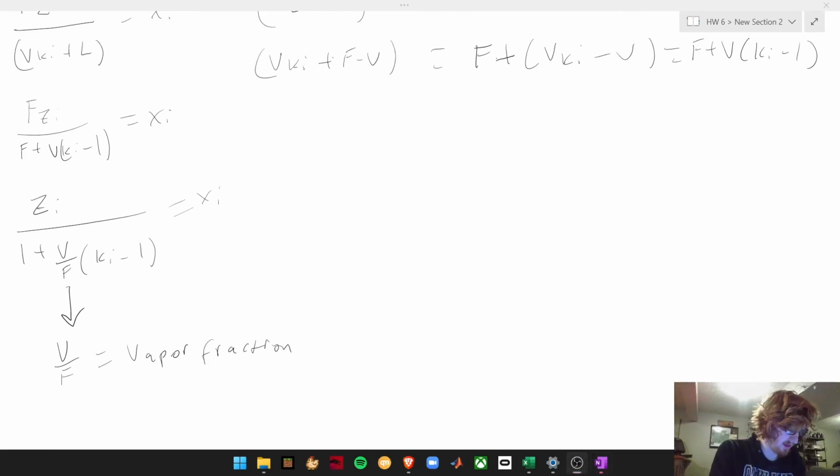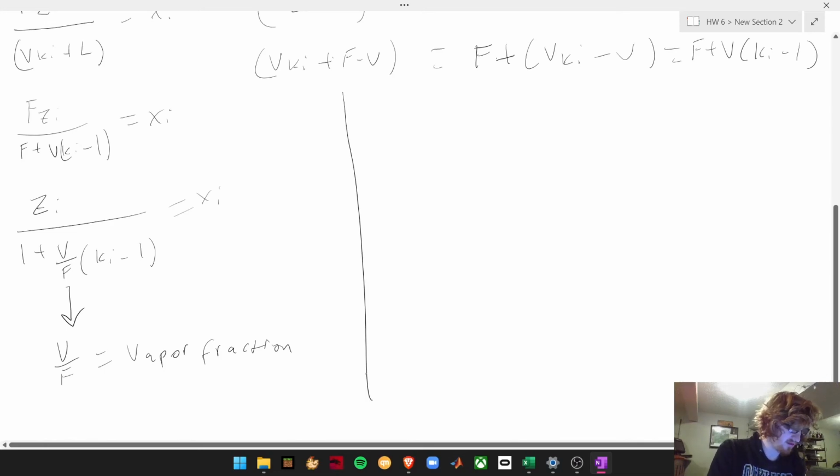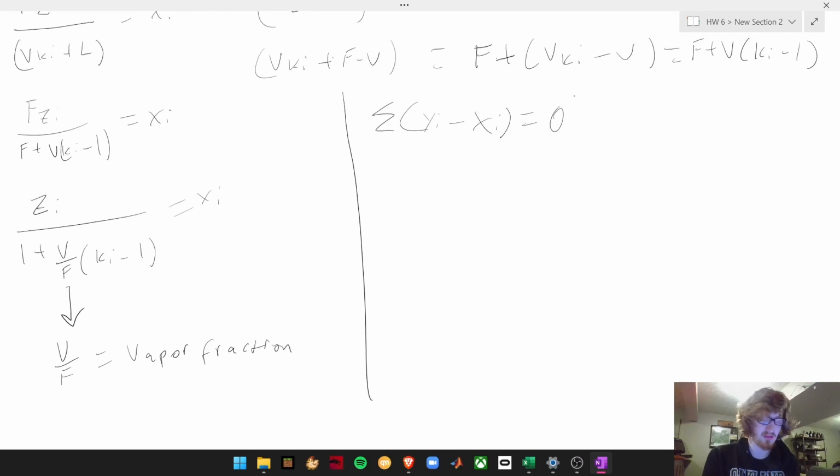So to actually derive the Rachford-Rice equation, we're going to start off with a similarly simple equation as we did before. And we're going to say the sum of each of the vapor components minus each of the liquid components is going to be equal to 0. And this makes sense because some substances will have a higher vapor fraction, some will have a lower vapor fraction than liquid, and overall they have to equal 0 for the system to be possible.